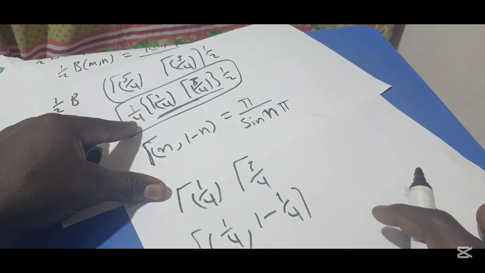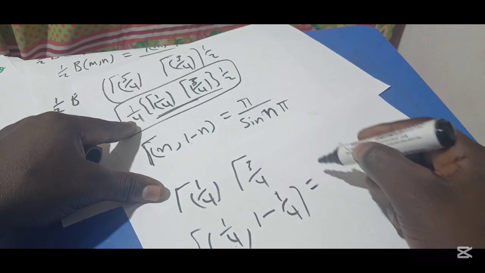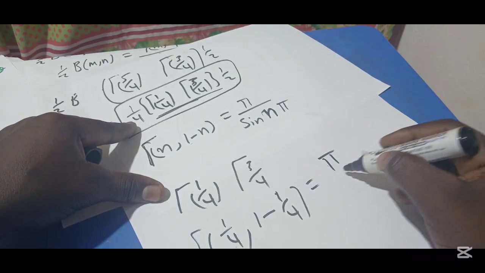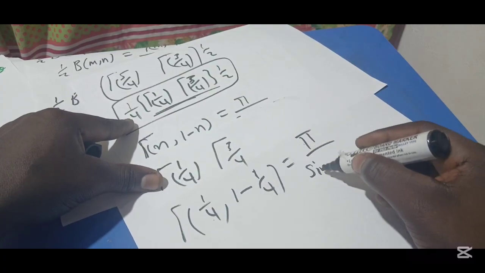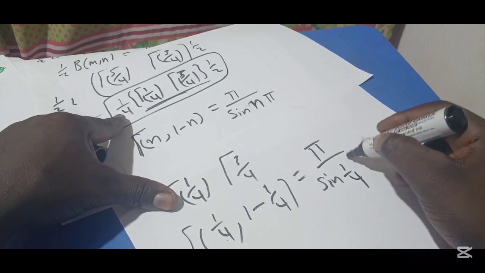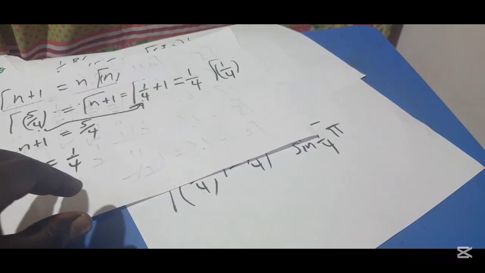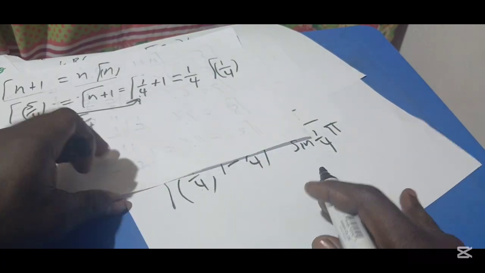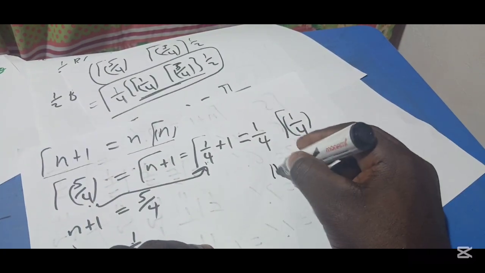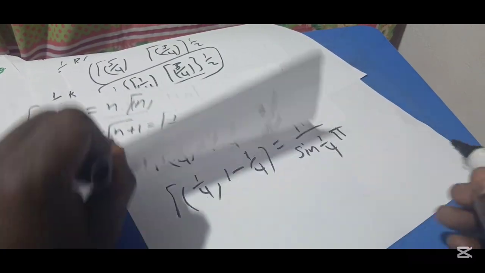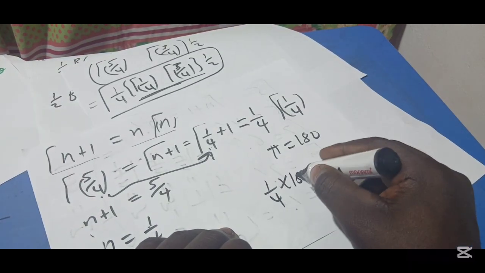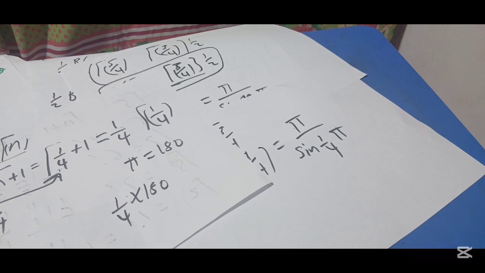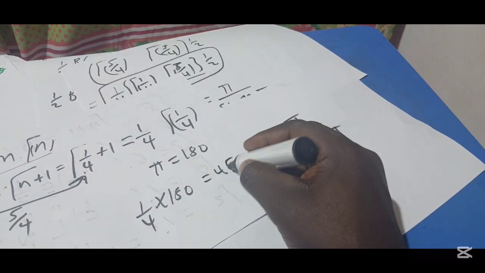So what does Euler's formula state? We are just going to write pi over sine of n pi, and our n is 1 on 4, so 1 on 4 pi. What's the value for pi? Let's take pi as 180. So 1 on 4 multiplied by 180 is going to give us 45.